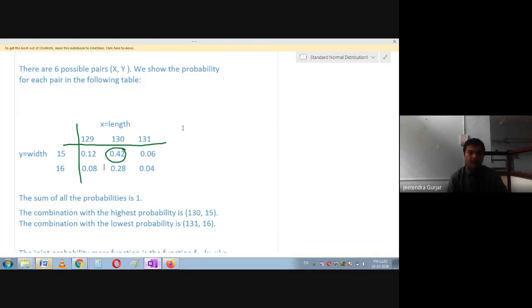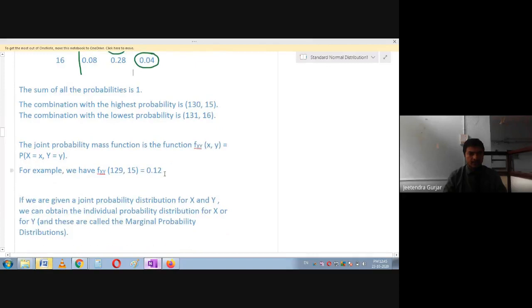Next combination, student, is the lowest probability. The lowest probability we can see here is 0.04. So whatever the values are in the matrix, we are going to take this as 0.04. And what is the length, student? It is 131. And what is the width? It is 16. So like this, we are going to distribute this.